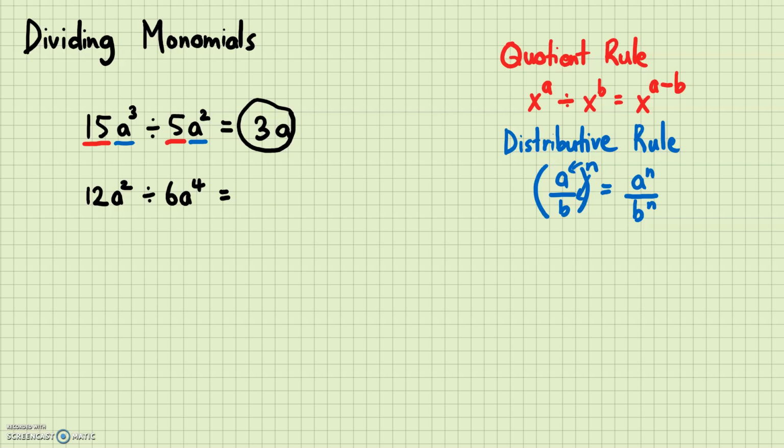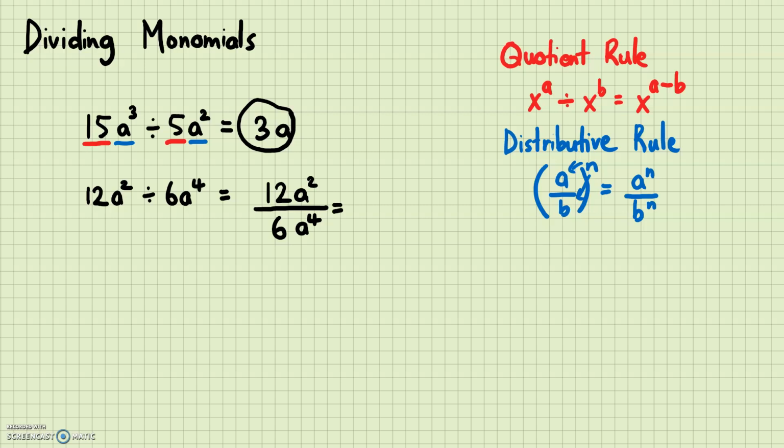So I think an easier way to do division problems is to change them to fractions. So let's change this to a fraction. 12a squared, we're just changing the division sign to a fraction bar, like this. And now you can see where our leftover a will end up.